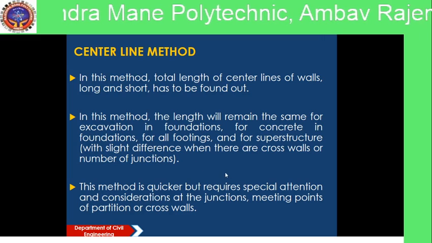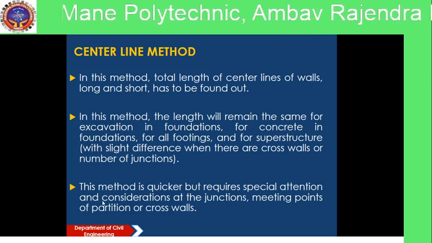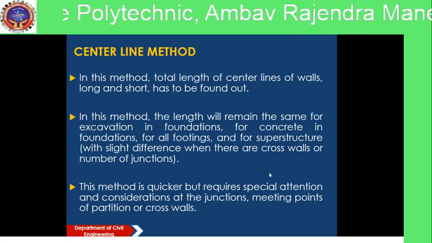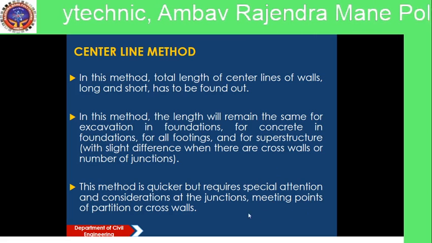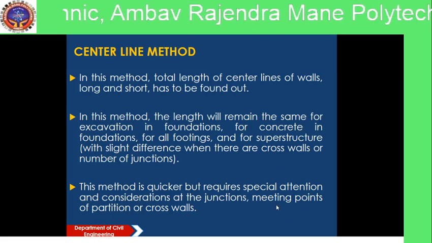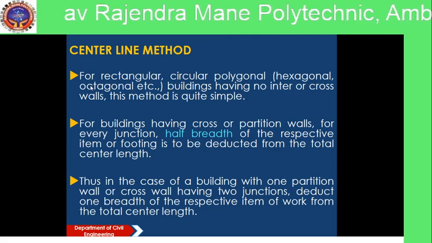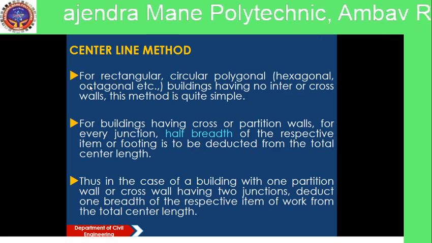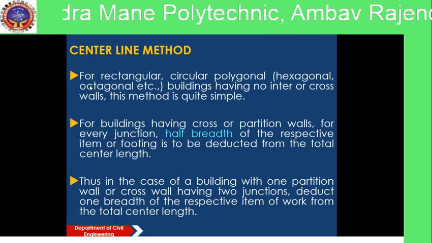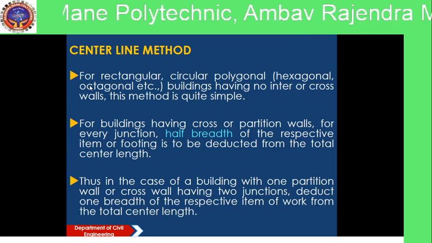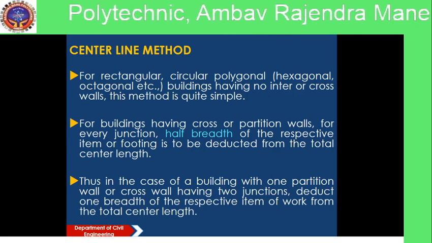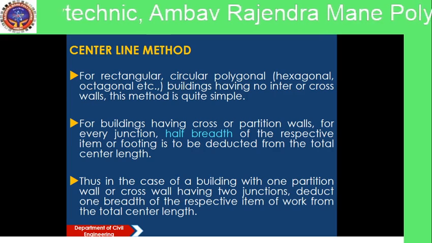This method is quicker but requires special attention and consideration at the junction and meeting points of the partition or cross walls. For rectangular, circular, polygon, hexagonal or octagonal buildings having no inter or cross walls, this method is quite simple.